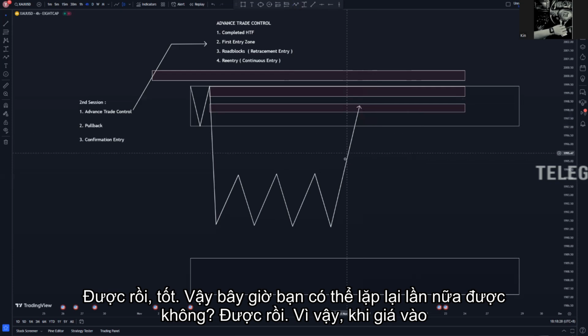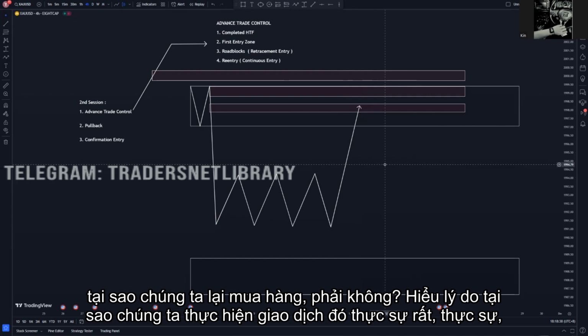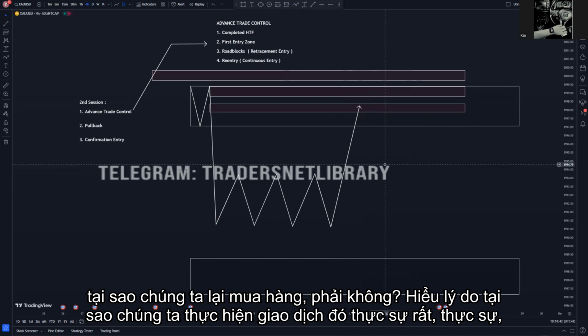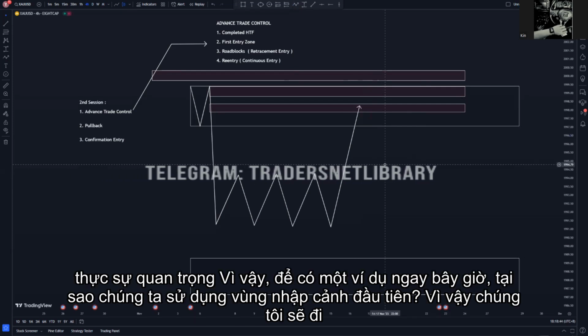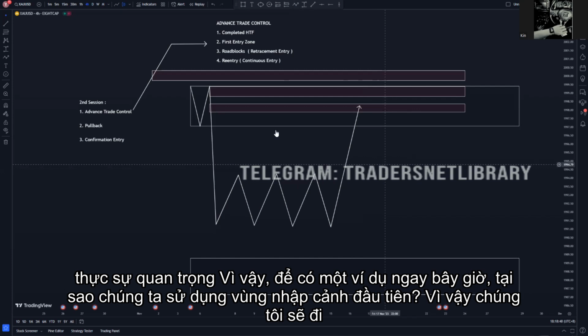When the price gets into the first entry zone, like I said, we need to understand why we take the sell and why we take the buy. Understanding why we take that trade is really, really important. So for an example, why do we use the first entry zone?